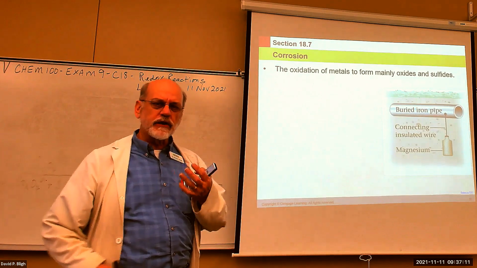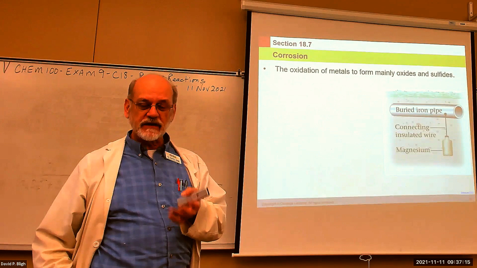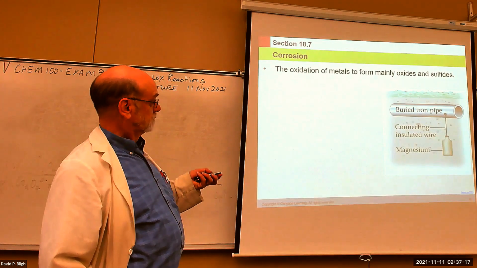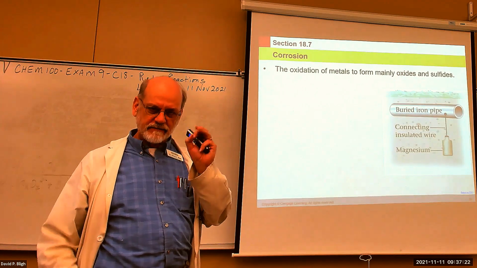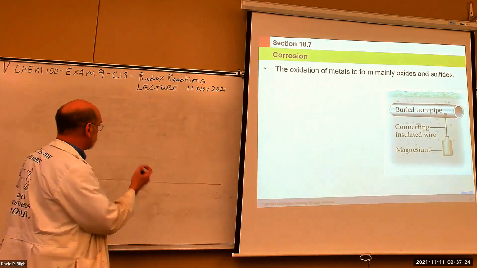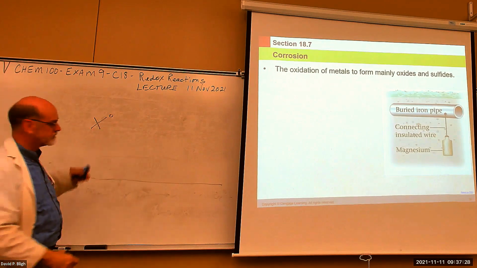And what we're usually referring to with corrosion is a metal being converted to usually an oxide or a sulfide. So the metal is at 0 oxidation state. Right? That's our generic metal.